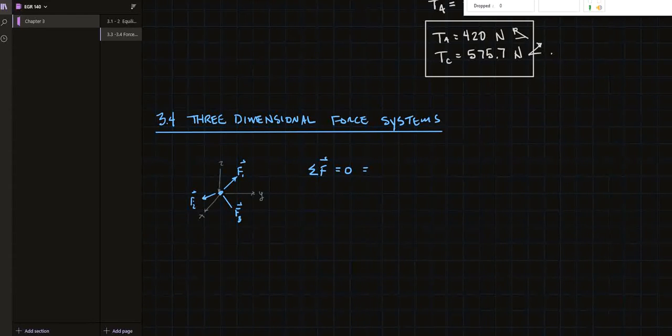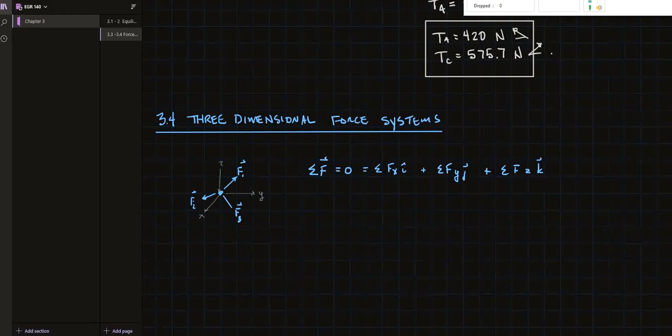So this means the sum of the forces in the x direction, let's do it as a vector with components, plus the sum of the forces in the j direction plus the sum of the forces in the k direction all need to equal 0.